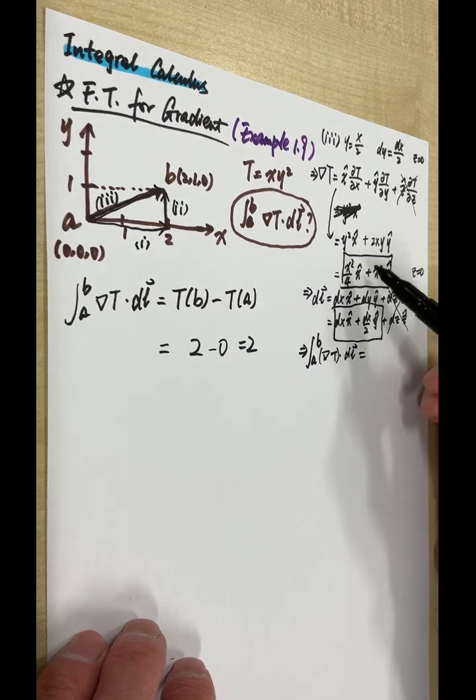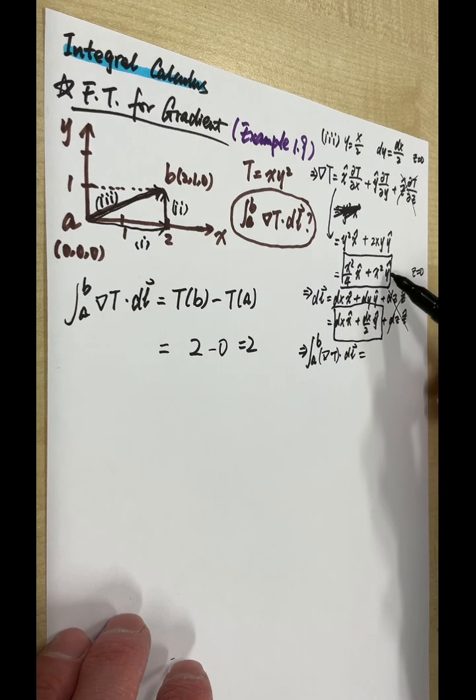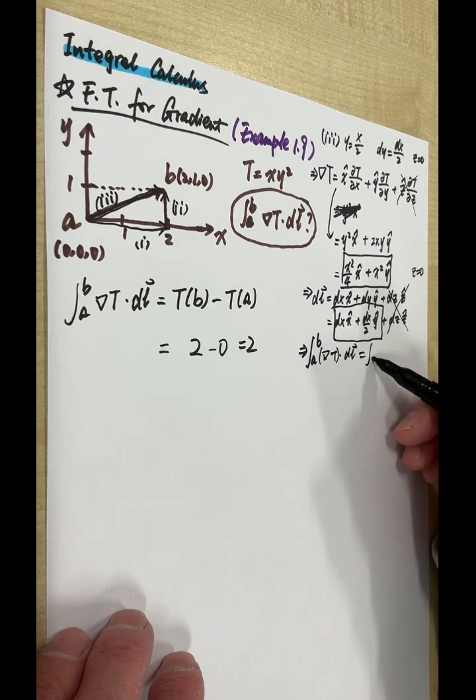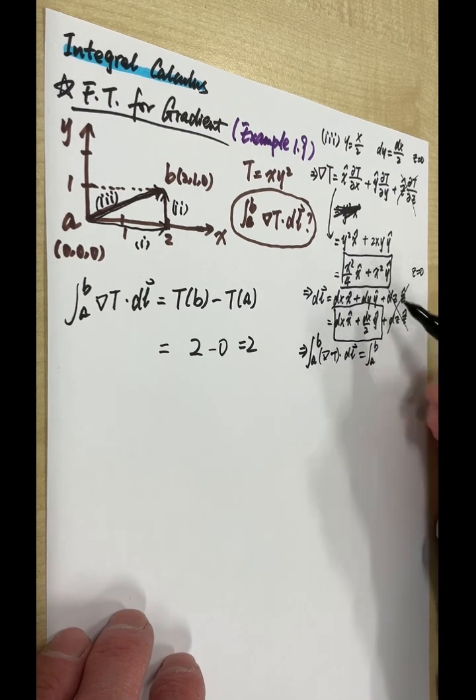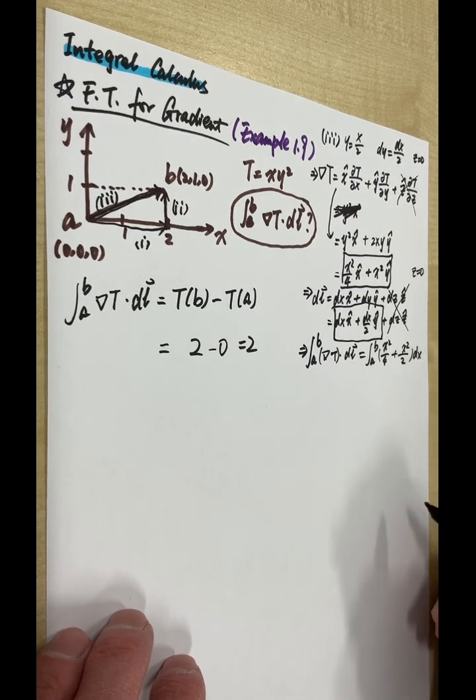What we get is x squared divided by 4 dx in the x direction, and in the y direction we have x squared divided by 2 dx. So in the end we have the integral of x squared divided by 4 plus x squared divided by 2, and they both multiply dx.